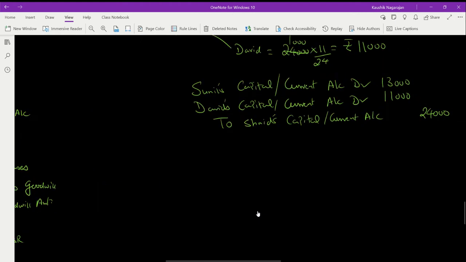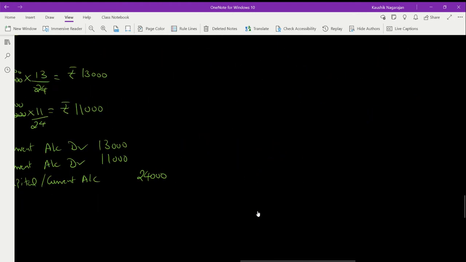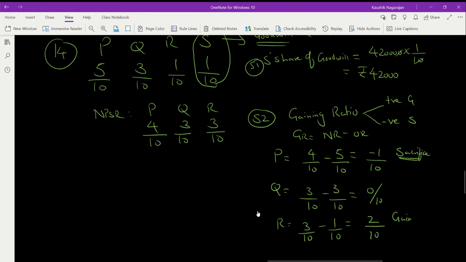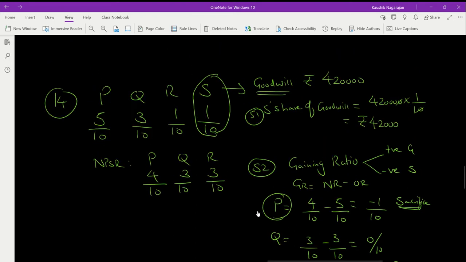Here we have sacrifice by one among the continuing partners, that is partner P. So I should derive what amount of goodwill should be paid to partner P. For that, apply that 1 by 10 on the firm's goodwill once again.